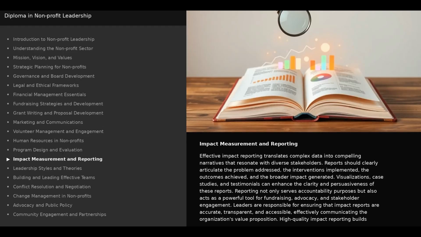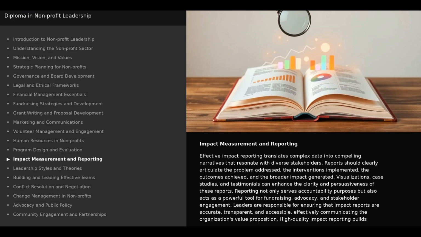Effective impact reporting translates complex data into compelling narratives that resonate with diverse stakeholders. Reports should clearly articulate the problem addressed, the interventions implemented, the outcomes achieved, and the broader impact generated. Visualizations, case studies, and testimonials can enhance the clarity and persuasiveness of these reports.